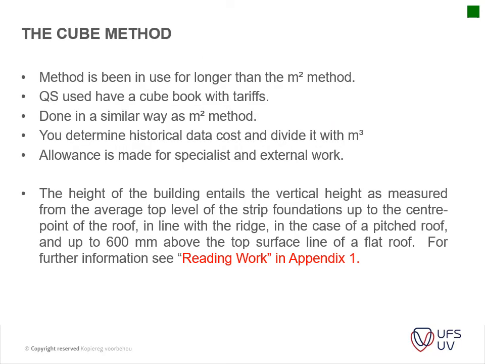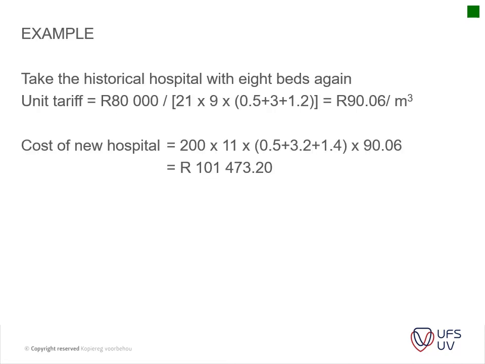Okay, so here's all the theory, you can go through that. Here's the formulas explained, and then you can look at the reading work. Reading work in your appendix 1, and you will actually see how that formula works. So, and in the example I also explained that. Okay, so you can have a look at this.